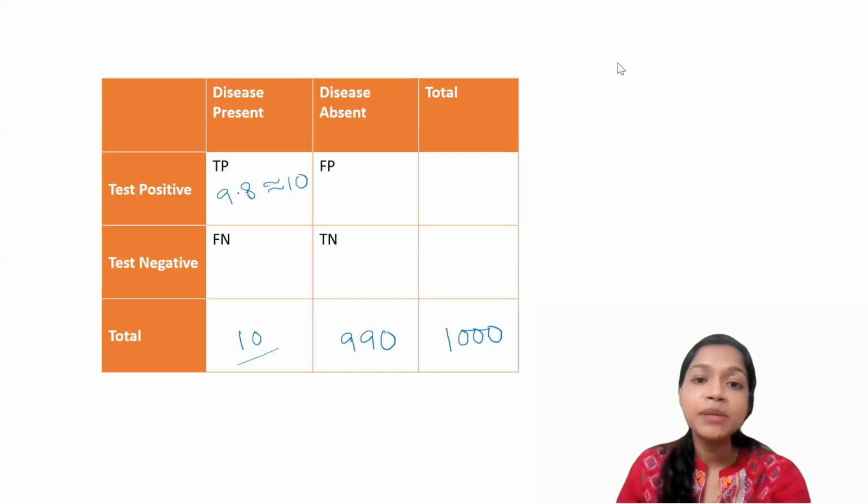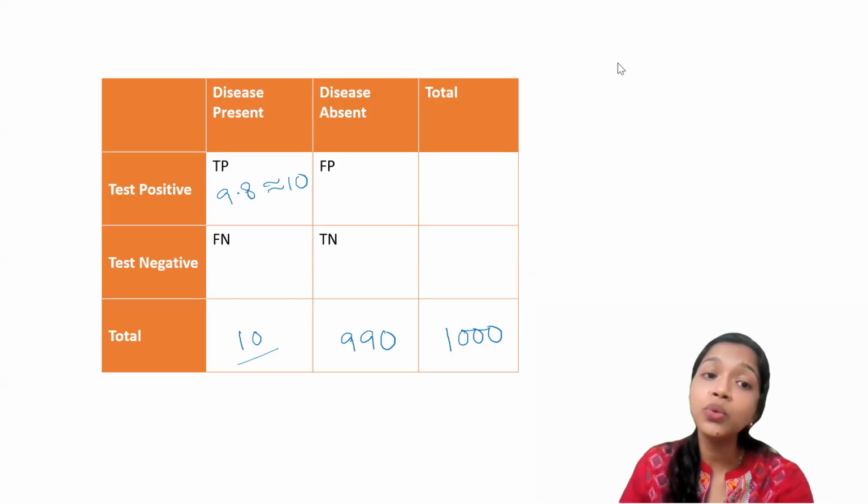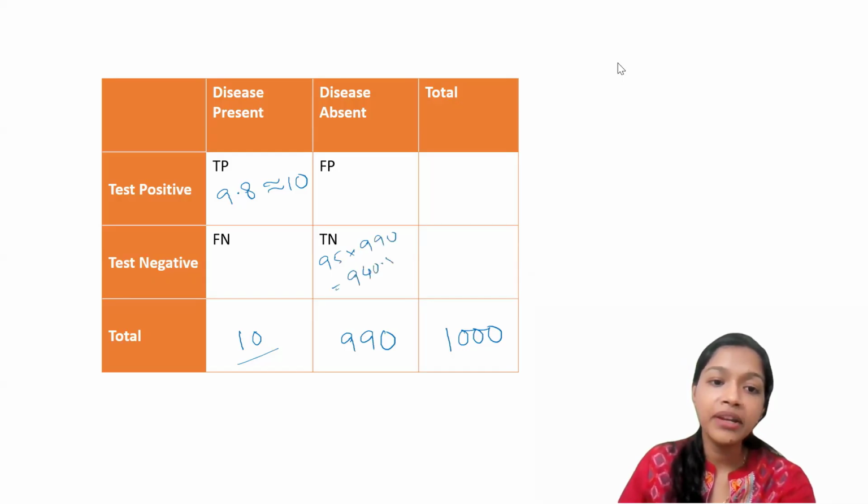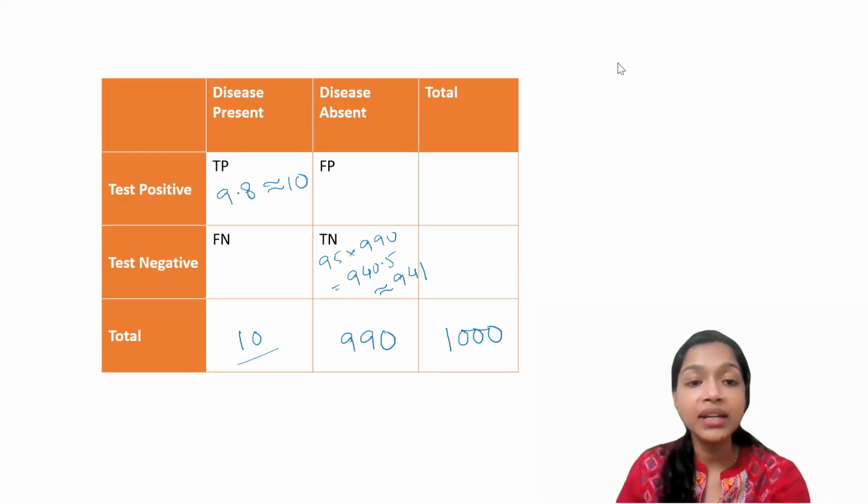When we apply the specificity figure, that is 95%, basically 95% of those who do not have the disease are identified by this test. So 95% of 990 is 940.5. So approximately 941. These are the true negatives.